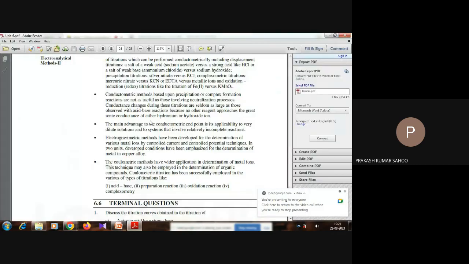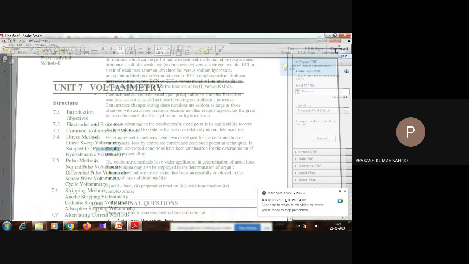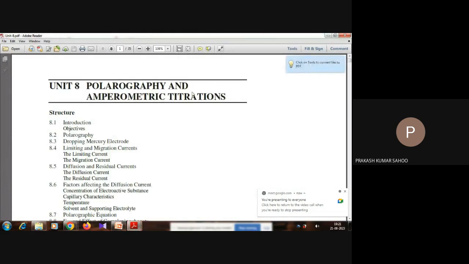Yes, unit 7 is voltammetry, so voltage will be there with our polarography. And in unit 8, we have polarography and amperometric titration. So this is current based titration, and this will be polarization or polarography.